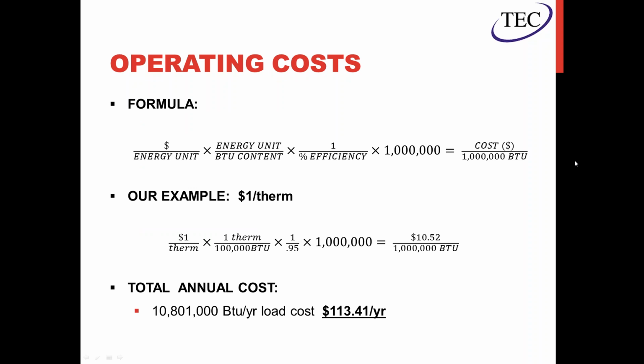So for our example, we need to convert this to cost now. If we just assume $1 per therm to keep things simple here, our total annual cost comes out to $113 basically per year in operating costs.